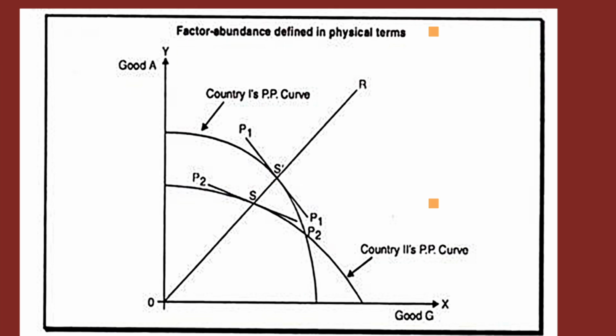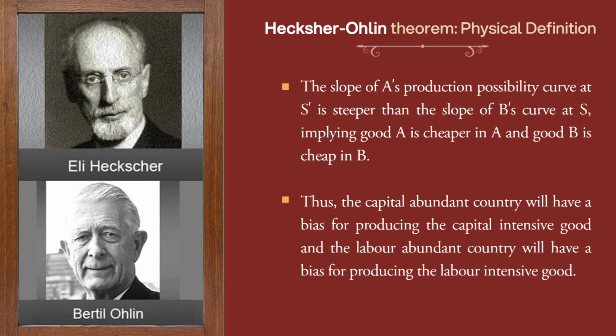Country A will produce more of the capital intensive good A, and country B, the labor abundant country, will produce more of the labor intensive good B. Thus, the capital abundant country will have a bias for producing the capital intensive good, and the labor abundant country will have a bias for producing the labor intensive good.